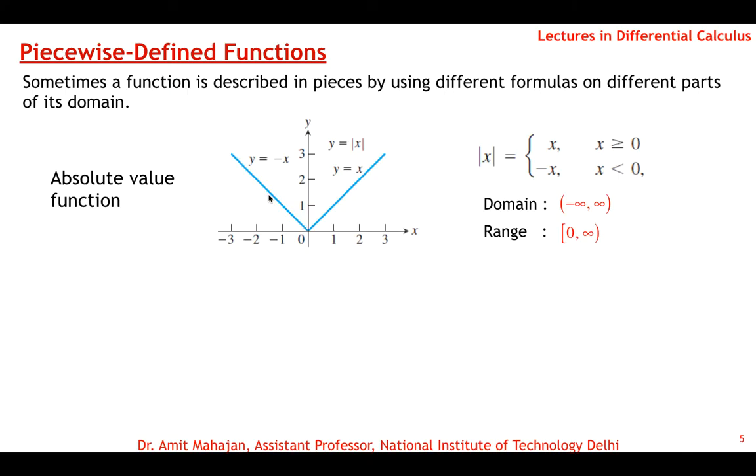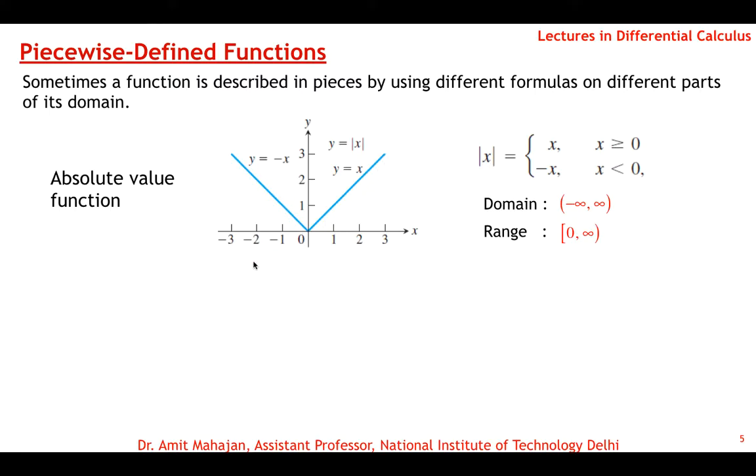So this single function y is equal to modulus of x is actually the combination of two pieces, the y is equal to minus x line and the y is equal to x line. Immediately the domain is minus infinity to infinity, because we can take any value of x. It is defined for all x. And the range is 0 to infinity with 0 included, because the y values are always non-negative.